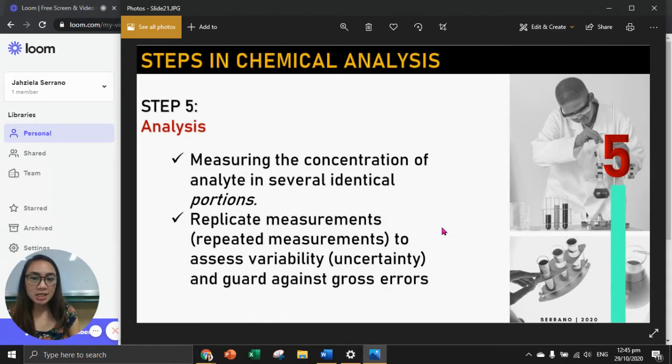It also means that you have replicate measurements or repeated measurements to assess variability or uncertainty and guard against gross errors. So sa analysis, ito na yung time na okay, meron na kayo ng samples. This time, kailangan ma-measure nyo na kung ano yung concentration nun. And to be able to measure it, kailangan meron kayong iba't iba na identical portions.